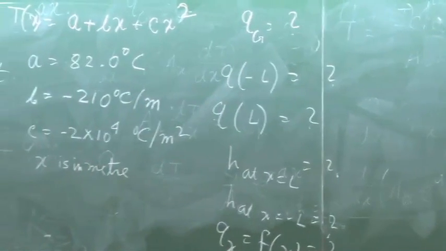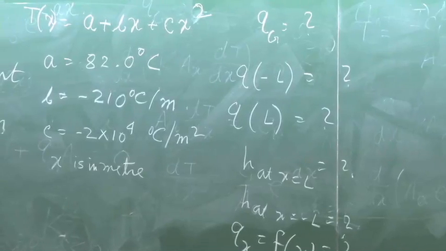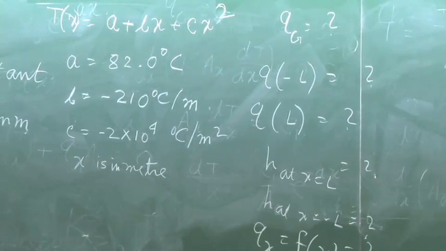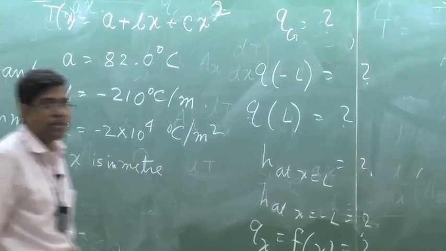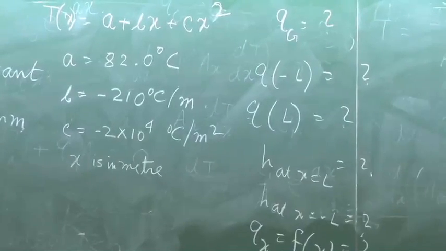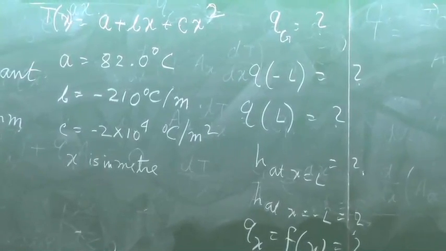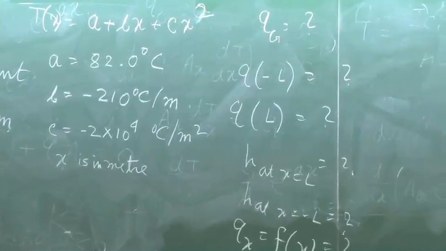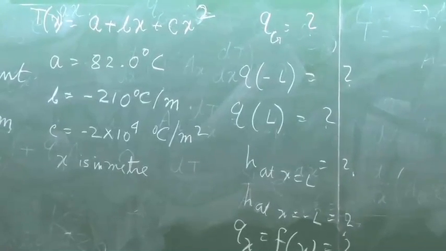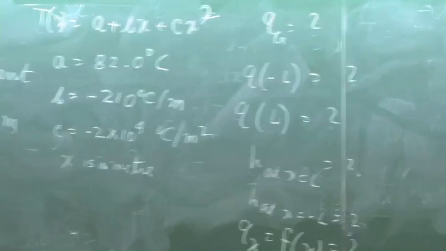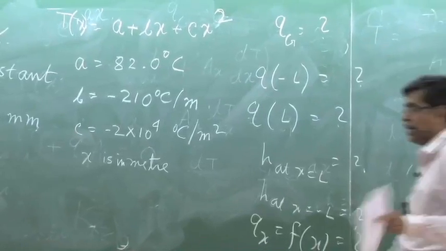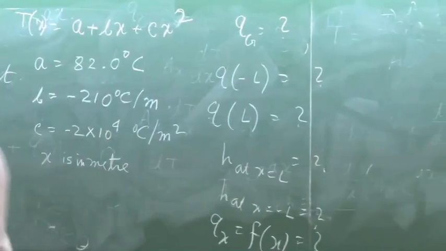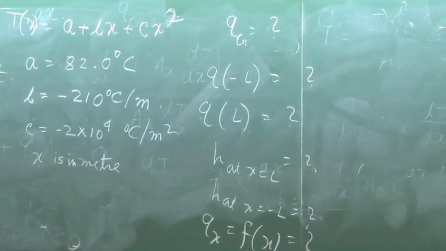This is because the problem is very simple. Now you tell me, first we have to find out the Qg. What equation will we start with? This is a plane area, no variation. Thermal conductivity is also constant. They have not told the variation of thermal conductivity. So which equation will we start from?